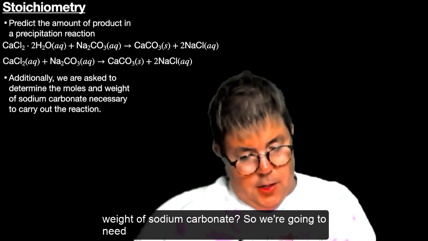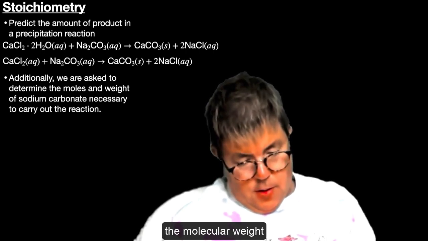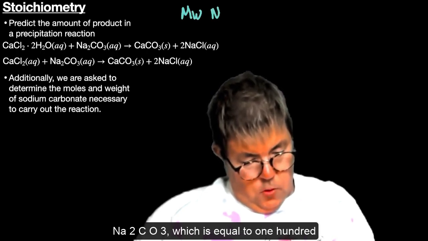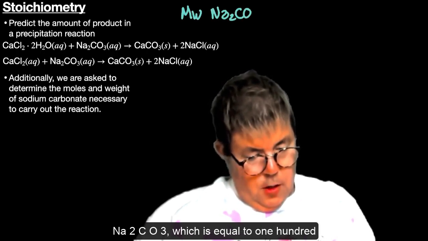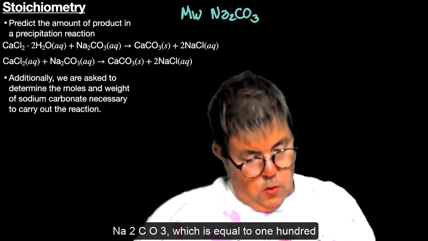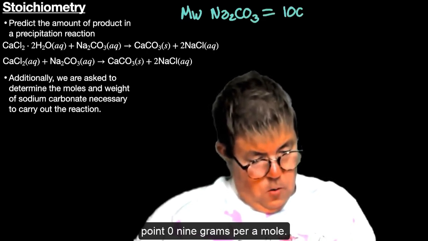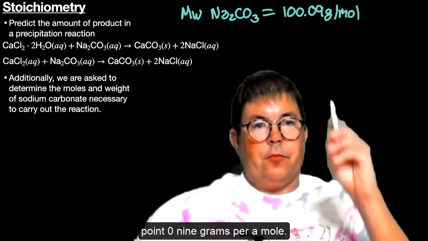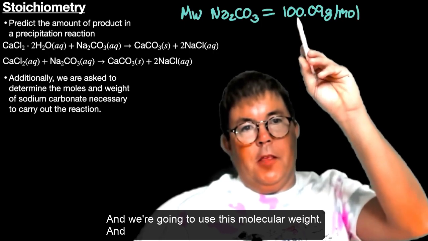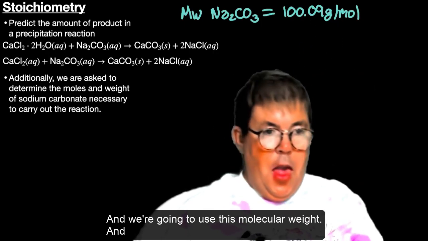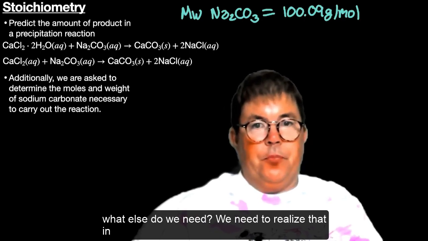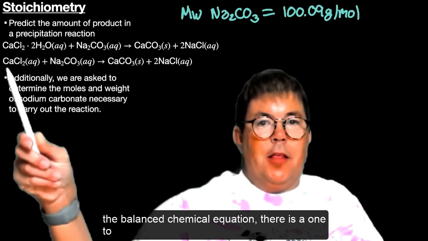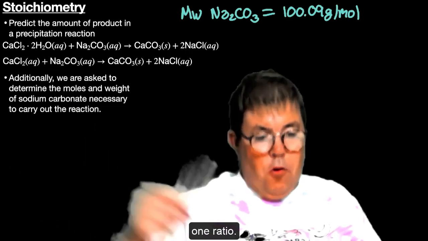We're going to need the molecular weight of Na2CO3, which is equal to 100.09 grams per mole. And we need to realize that in the balanced chemical equation, there is a 1-to-1 ratio.